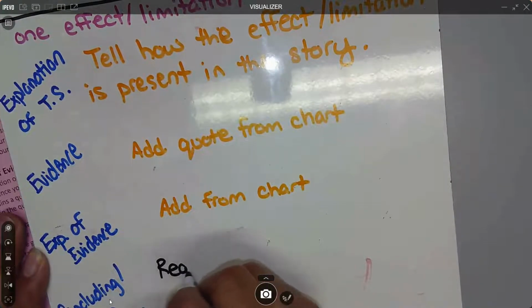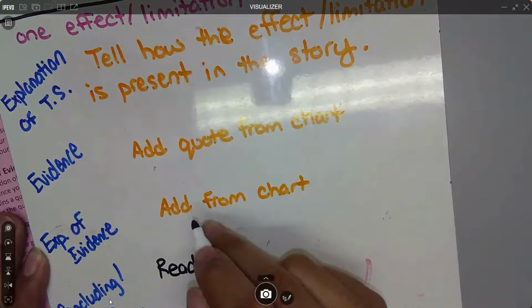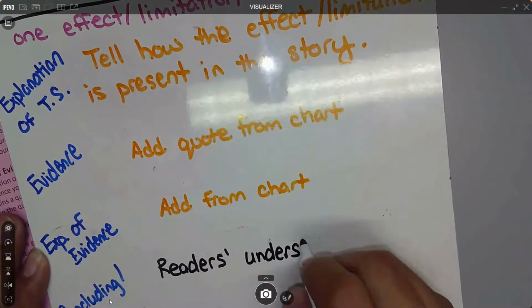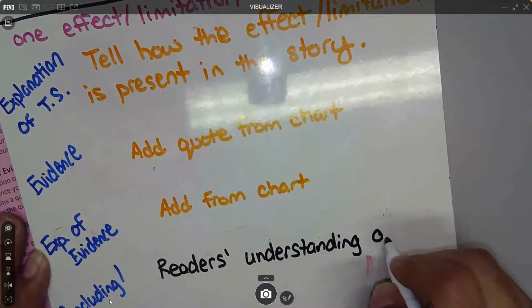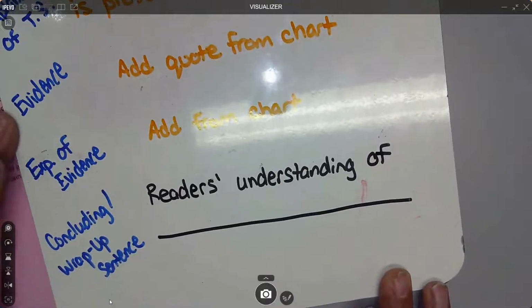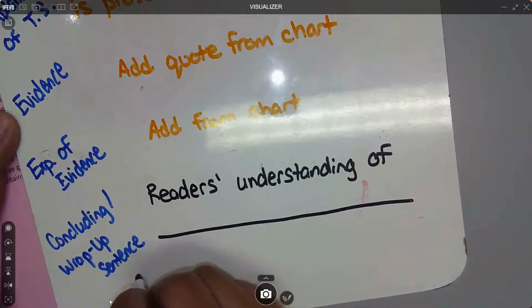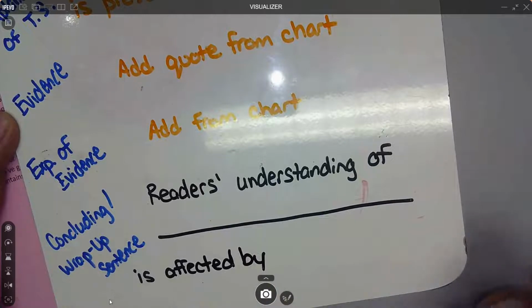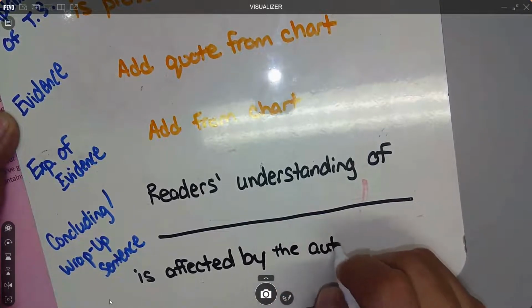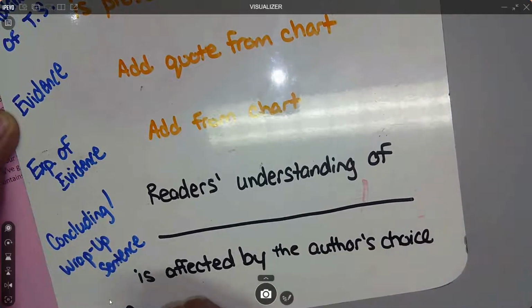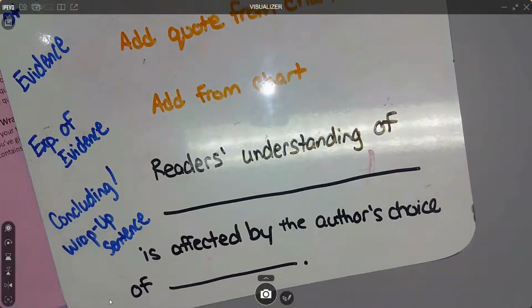So you could say readers' understanding of, and then you could tell specifically what it is that they don't quite understand properly, is affected by the author's choice of, and then whatever that type of point of view was that you identified in the topic sentence.